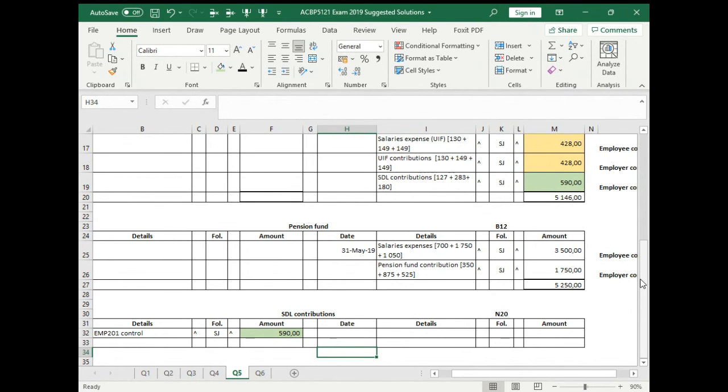Do you have any questions on these general ledger accounts? Are you okay with this? Will you be able to do this? Because they will ask you these. The guys online, are you okay with these general ledger accounts?